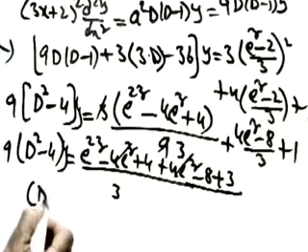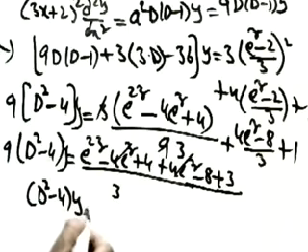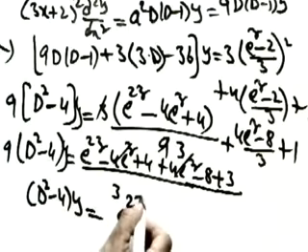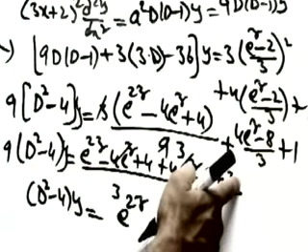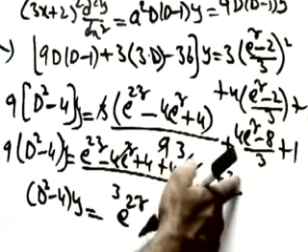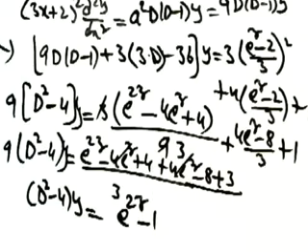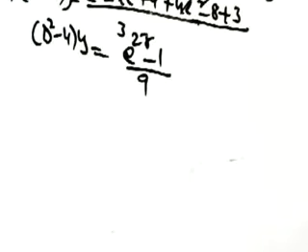We bring this 9 also there: (D² - 4)y equals e^2z, 4 plus 3 is 7, 7 minus 8 is minus 1, divided by 9.